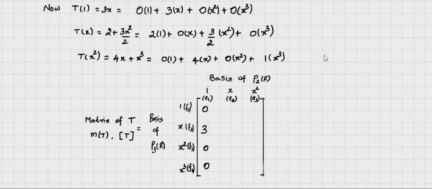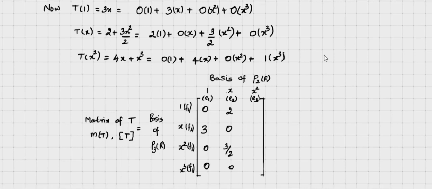The output of the second element, that is T of x. What were the coefficients? The coefficient of 1 is 2, the coefficient of x is 0, the coefficient of x square is 3 by 2 and the coefficient of x cube is 0. Now I am writing the outputs for T of x square.